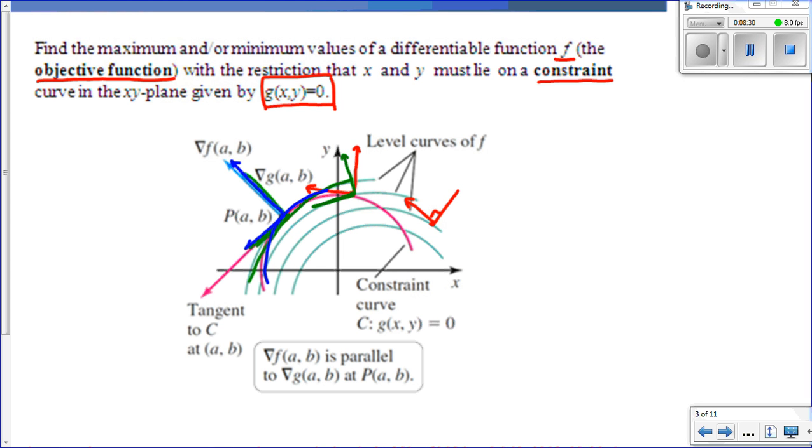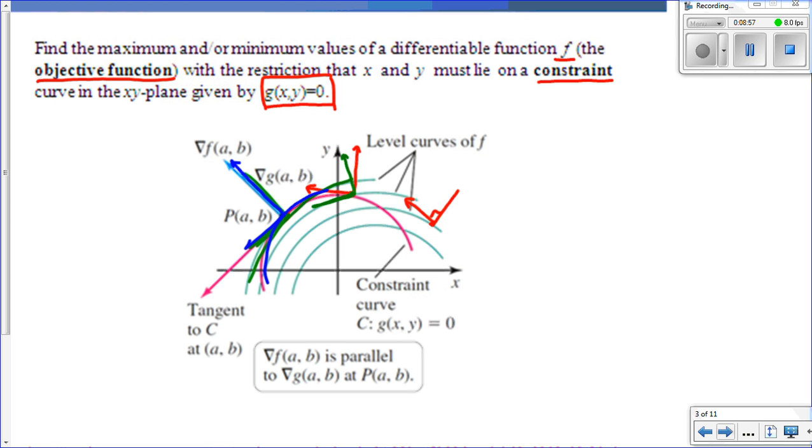The places where that maximum and minimum value occurs is going to be where the gradient of the constraint and the gradient for the level curve are in the same direction. Okay, if they're in the same direction, that means they're parallel. Vectors are parallel if they're pointing in the same direction. They just might have different lengths. But what we do know about them is if they're parallel, one of them is a multiple of the other one.